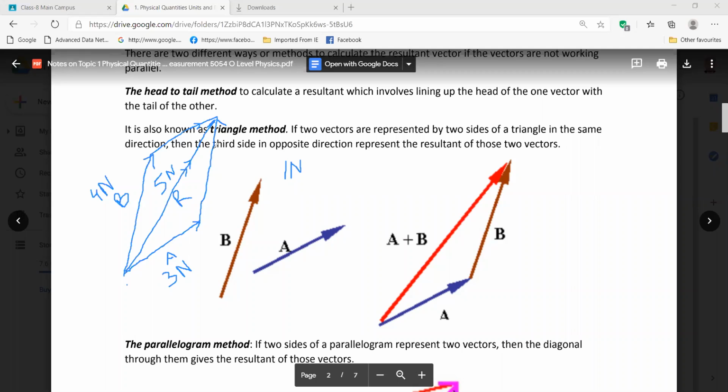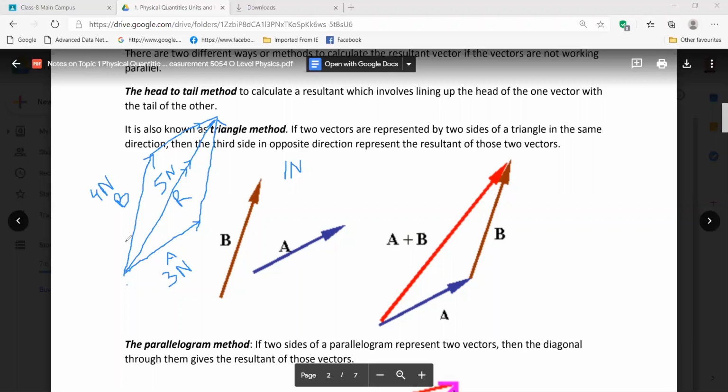Another thing I have to mention here is that you can also have another diagonal, right? This one. If you join these 2 points, you will get another diagonal of the parallelogram. But this diagonal we will not take. Why are you not taking this diagonal?